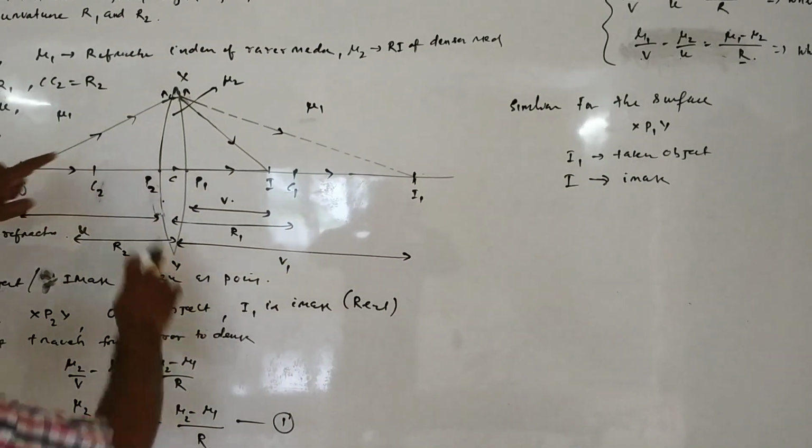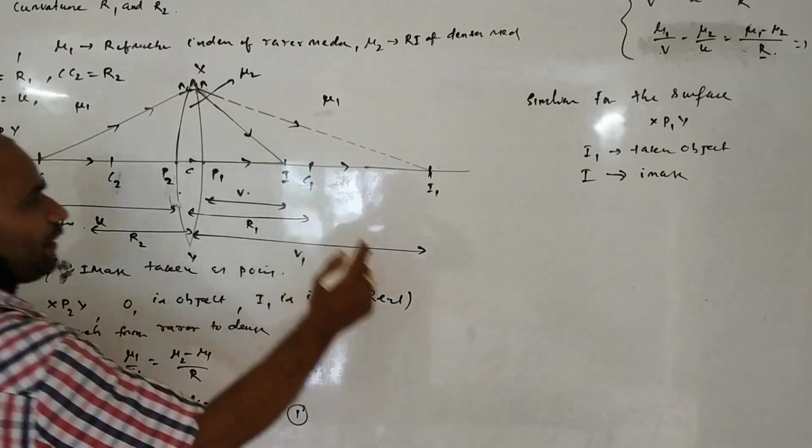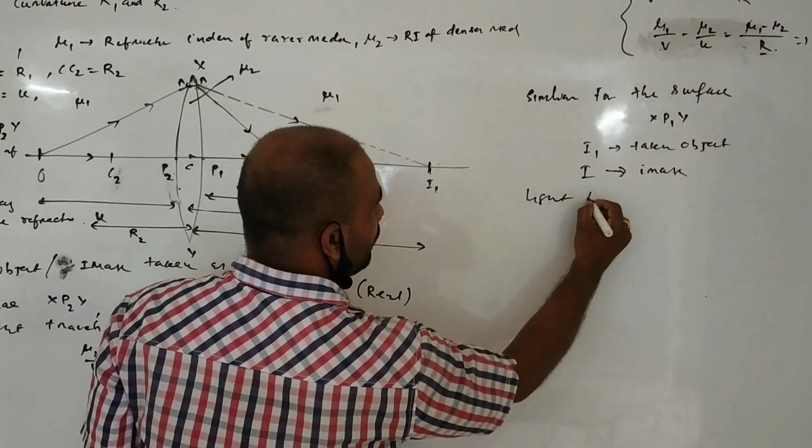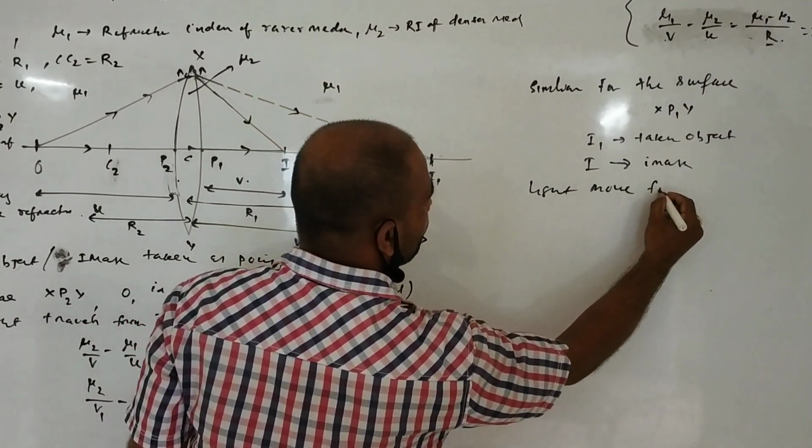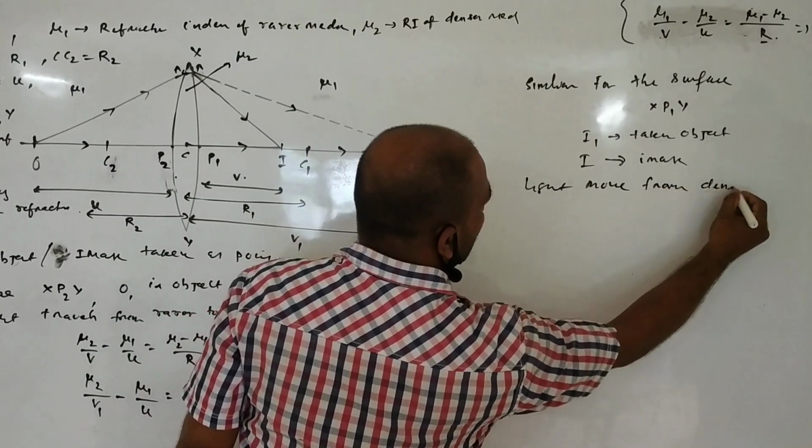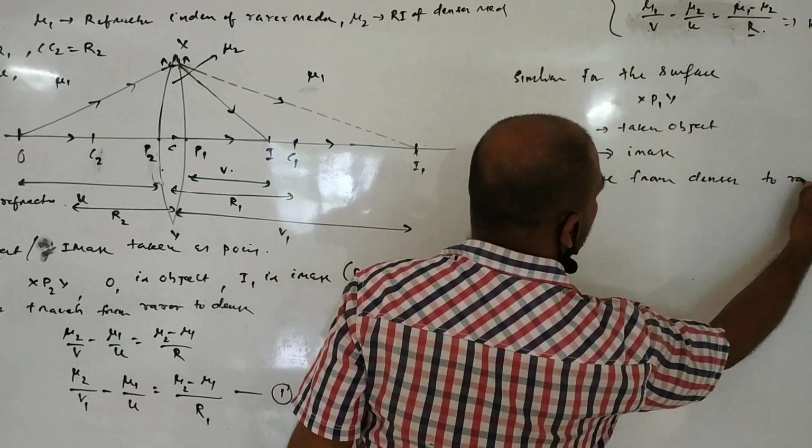That means the light is now moving from denser to rarer.